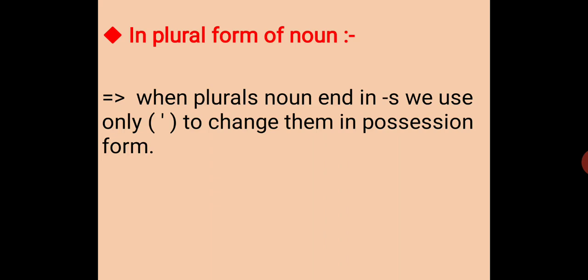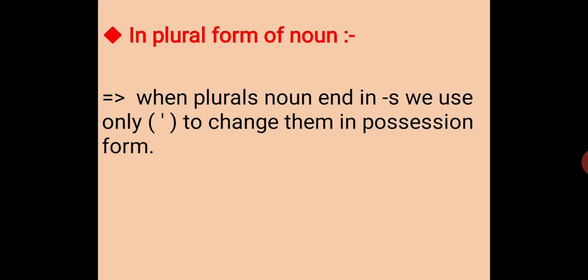So in these cases, the noun ends with s. If we want to change them into a possessive form, then we use only an apostrophe because the last letter is s.